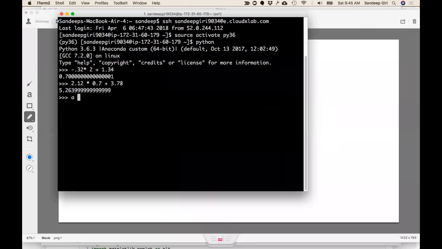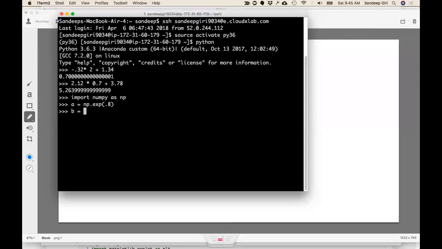Let's say import numpy as np, and a equals np.exp, and the first value was 0.8, correct.